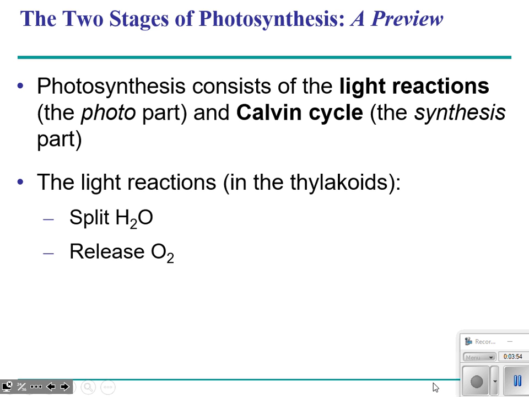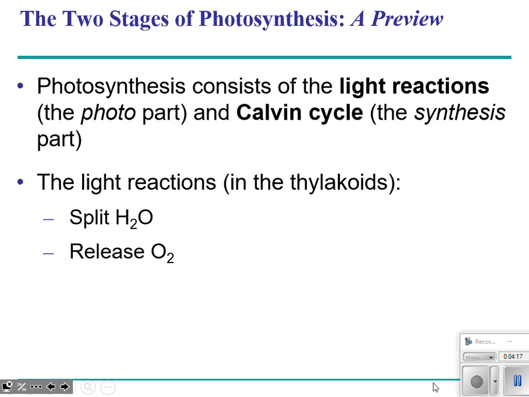Nobody knows what a thylakoid is? Okay. All right, Kersey, what's a thylakoid? It's a connected sac in the chloroplast. Okay. The chlorophyll is in the membrane. It's a sac in the chloroplast. The chlorophyll is in the membrane.